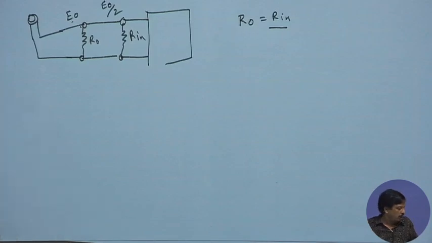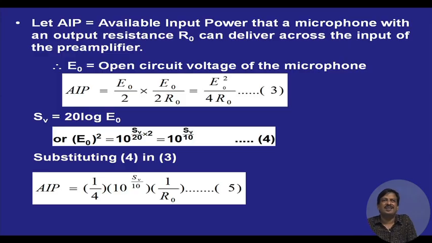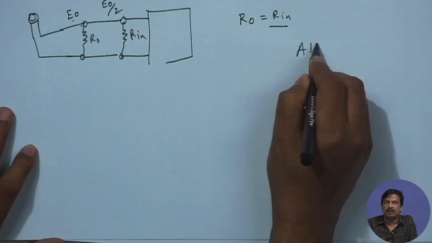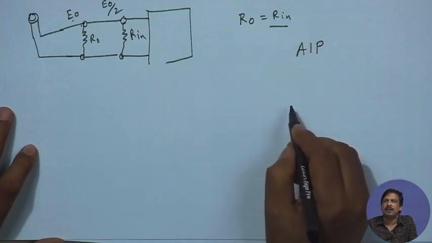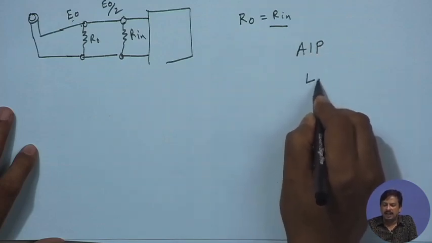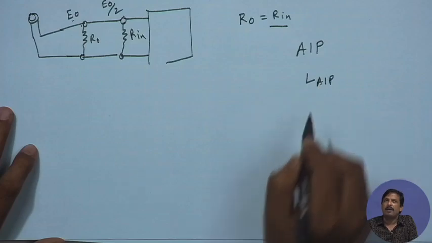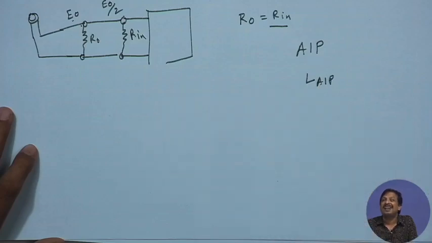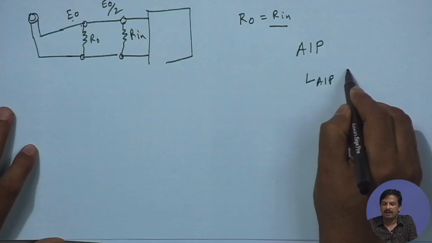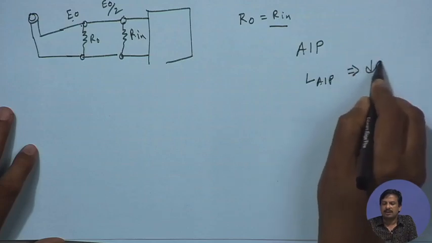Okay. So, power sensitivity is defined by AIP, available input power. When I express it in dB, we say LAIP, available input power level. L means level. Once it is level, then AIP will be expressed in dBm.